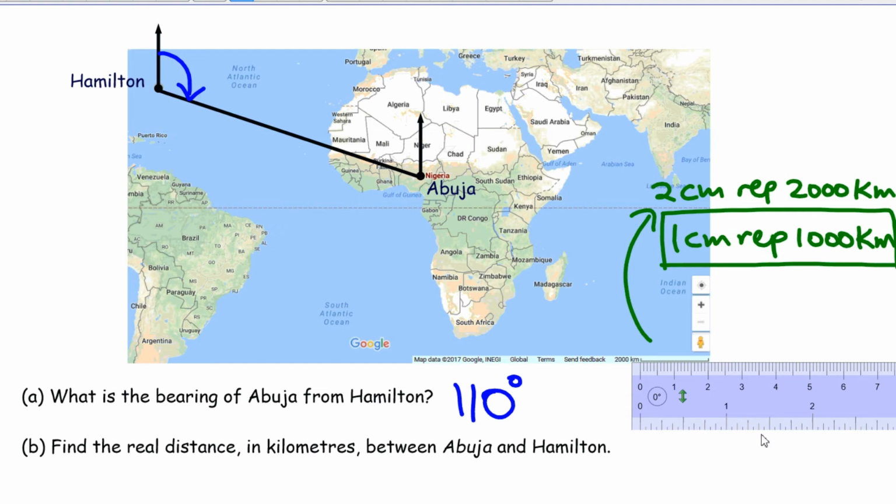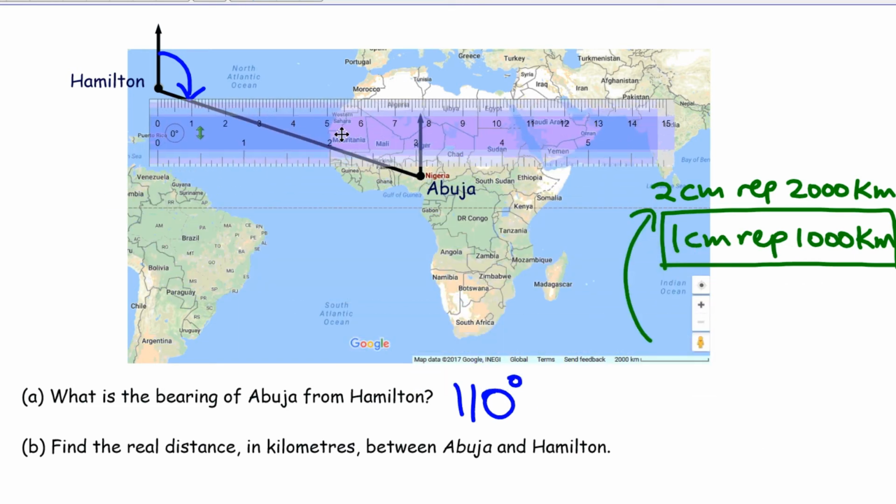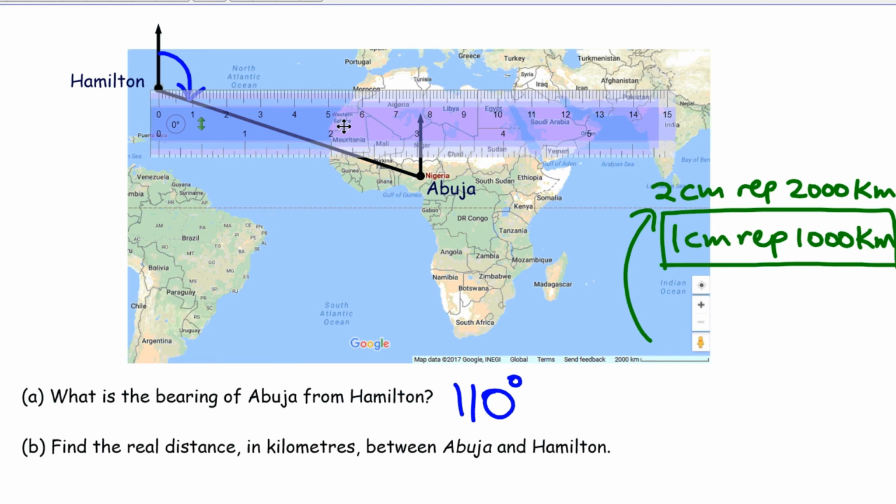Okay, so we have this scale that you're going to use, and this is given here by Google. So we are going to measure the distance on the map between Hamilton and Abuja.